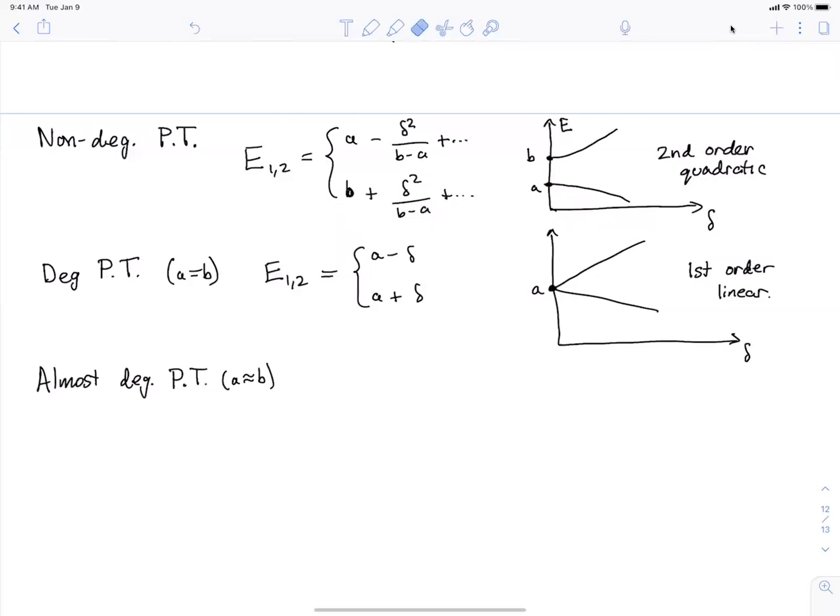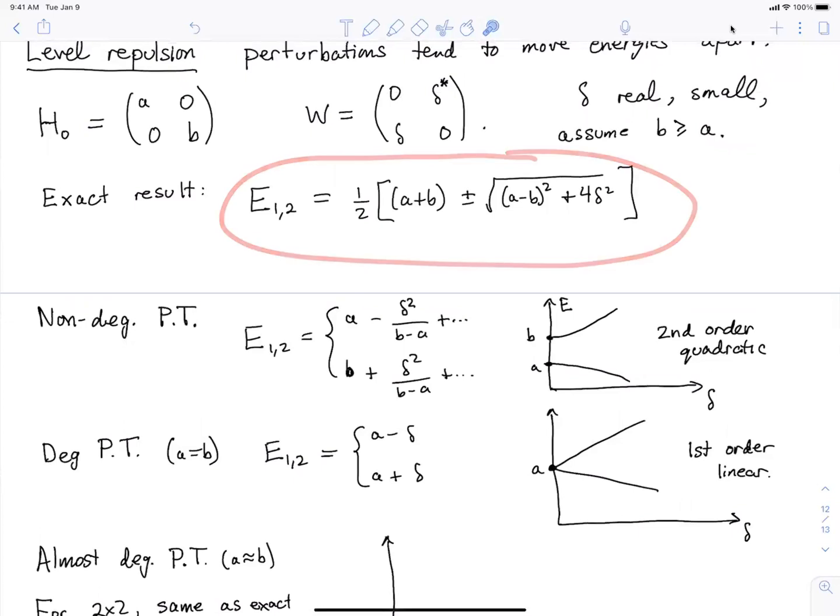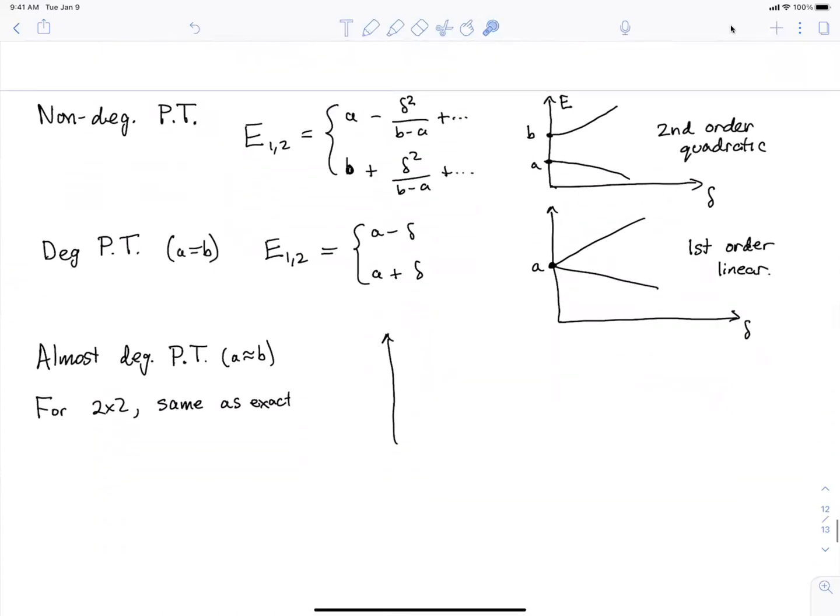So for 2x2, there's no distinction between the exact problem and almost degenerate perturbation theory, always. So this is the same as exact. And so let's make a sketch of this formula up here, that's the exact result, as a function of delta.